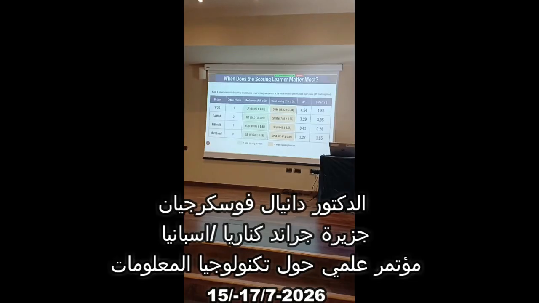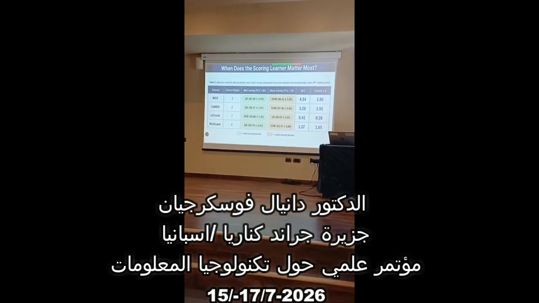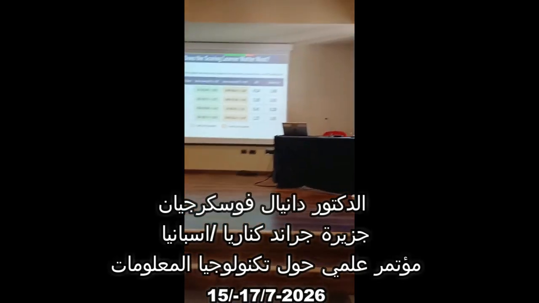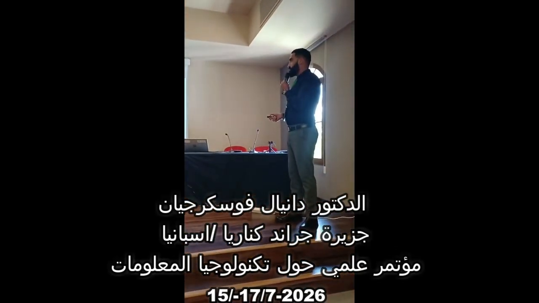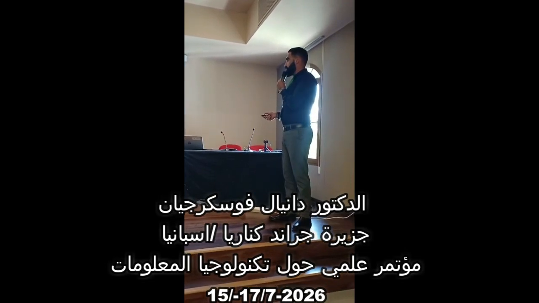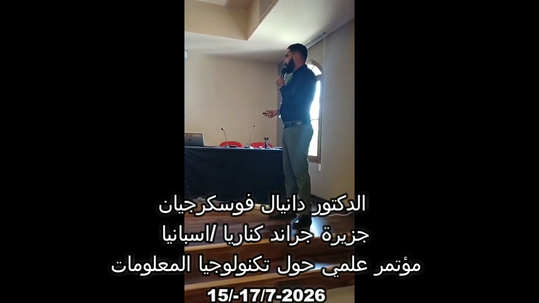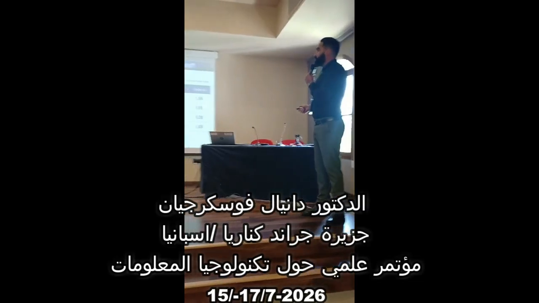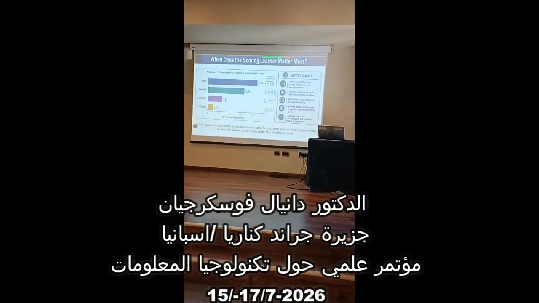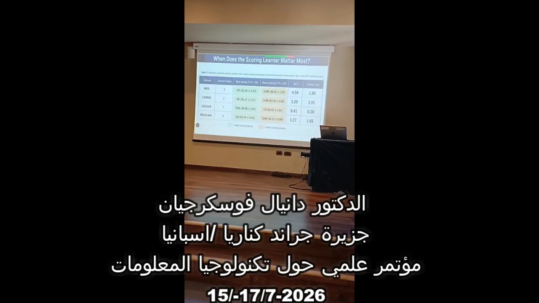However, this does not mean that the scoring learner is always unimportant, because if we look here at the most sensitive accumulated top ranked topics count with the maximum F1 spread, we can see clearly it has a large importance.